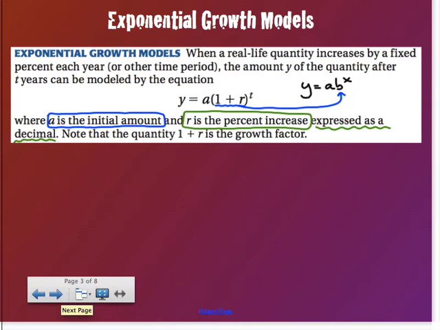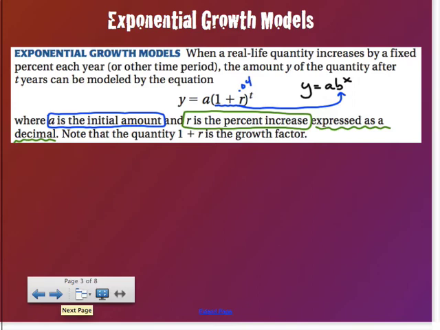In our generic model, we took b to some generic value that we call x. In this case, we want it bigger than 1. We're going to have a rate that's a percent increase, so 1 plus the rate, or 1 plus some decimal, is going to be bigger than 1, therefore creating a growth model. For example, if my rate was 4%, I put 0.04 in there. 1 plus 0.04 is 1.04, which is bigger than 1, so I'm going to have a growth model.